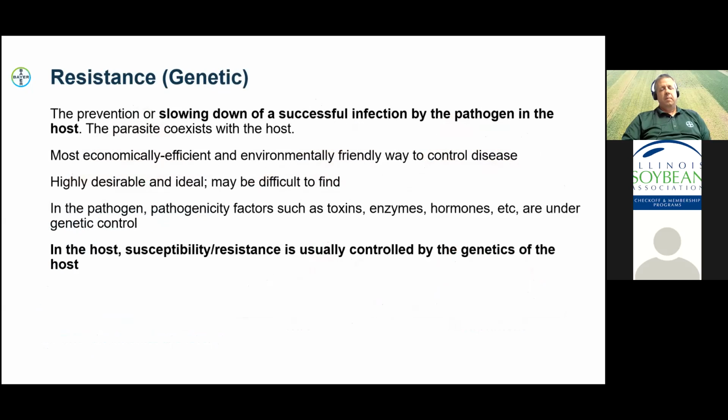And so that's a way that we can also help manage the disease, and it usually works best in combination with a good fungicide, because generally really high levels of pathogen, really good environment for it to develop in a lot of cases are going to overcome that resistance. And so you're still going to get development of the disease. So really, when we talk about resistance, we're talking about preventing or slowing down the successful infection by the pathogen.